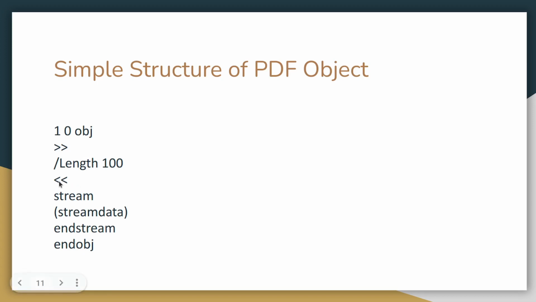Then, if it is a stream object, we will also have the stream keyword which marks the beginning of the stream data, and the endstream marks the ending of the stream data. The stream data is sandwiched between the stream and the endstream. So that's the second structure, the structure for a stream object of a PDF.